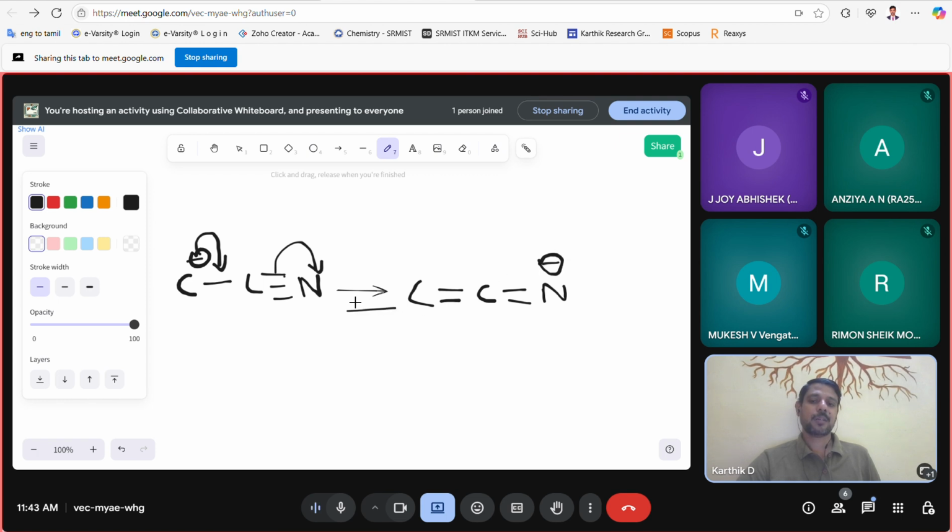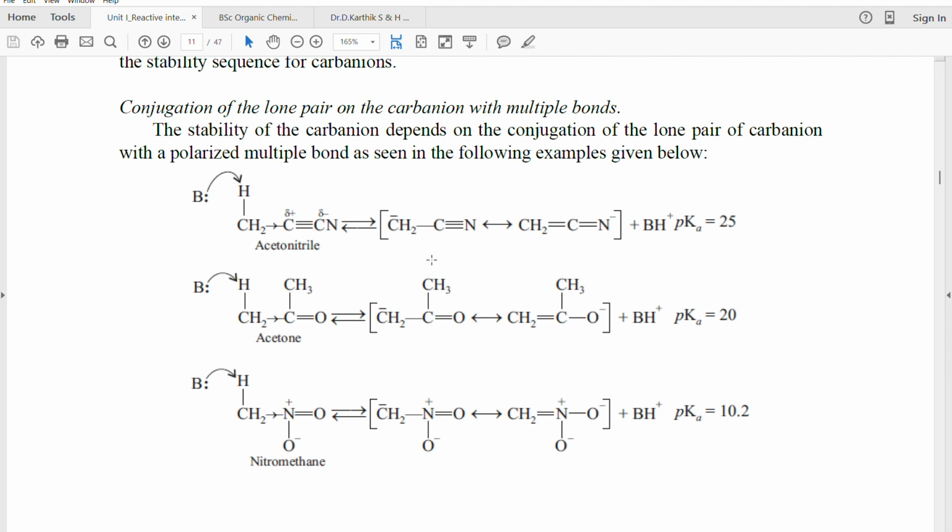So this will be a kind of resonance structure, right? This carbanion will be stabilized by this resonance structure with any kind of pi bond or any kind of lone pair electron groups.